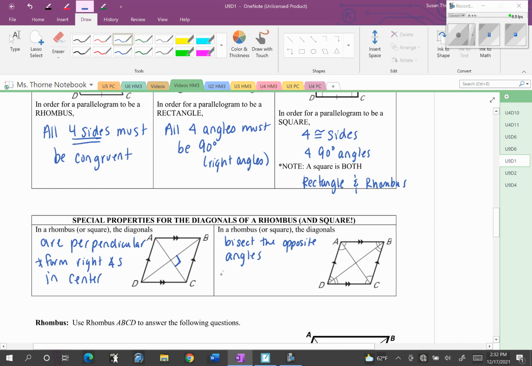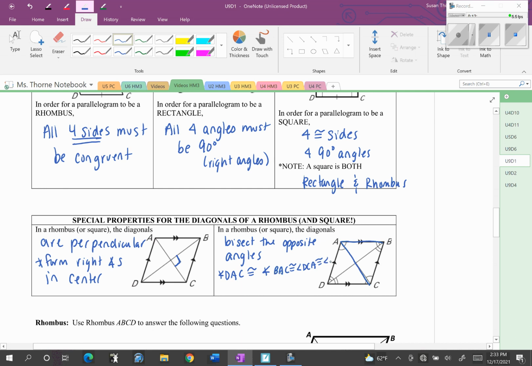So angle DAC is congruent to angle BAC. So DAC, which is right there, is congruent to BAC, which is also congruent to DCA, which is also congruent to angle BCA.